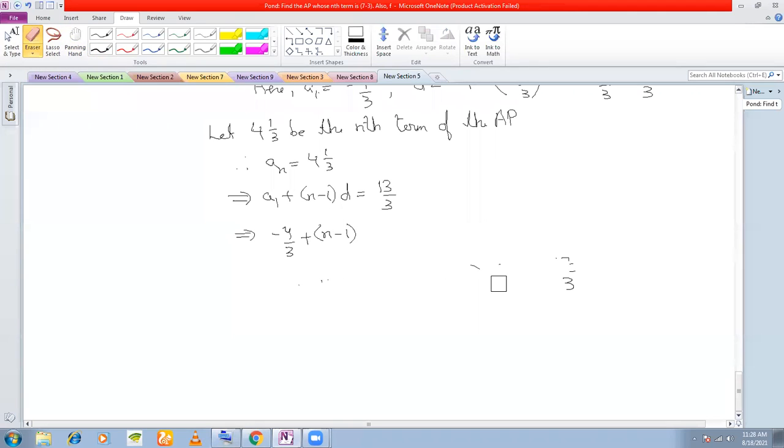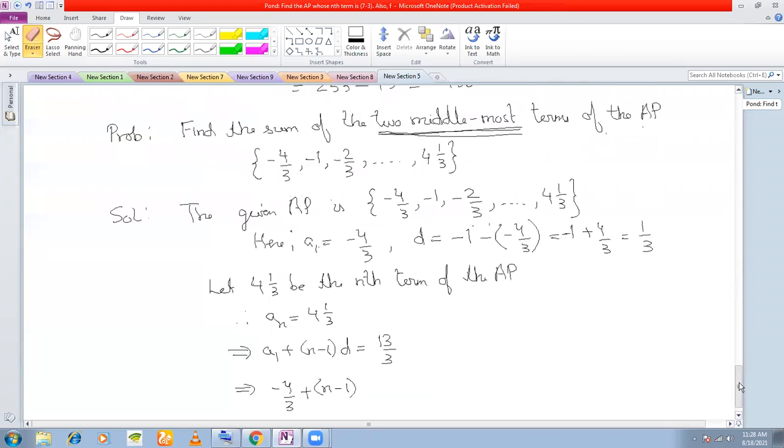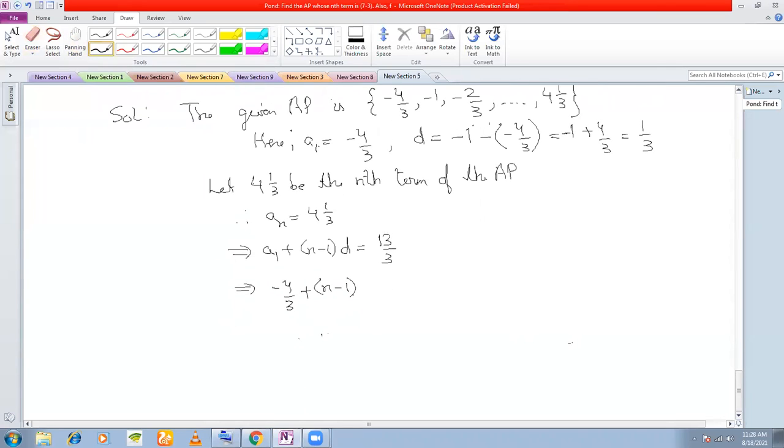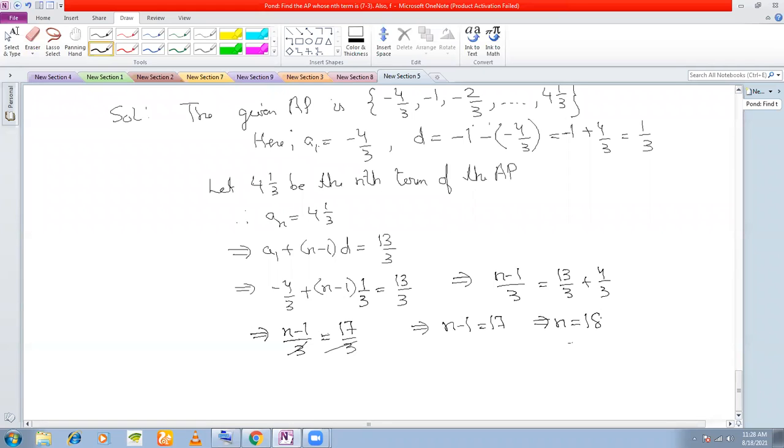That's why all this. So D here is 1/3, and it is equal to 13/3. So now you have n minus 1 into 1/3 is equal to 13/3 plus 4/3. Means n minus 1 over 3 is equal to 17/3. So 3 and 3 cancel from the denominator. You simply get n minus 1 is equal to 17. That means you get n is equal to 18.